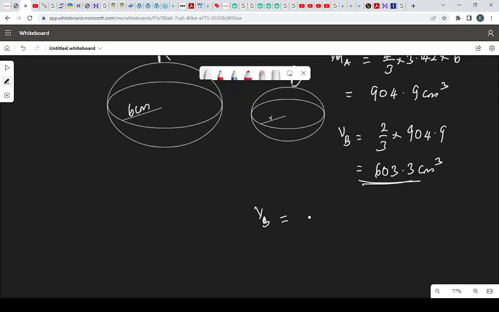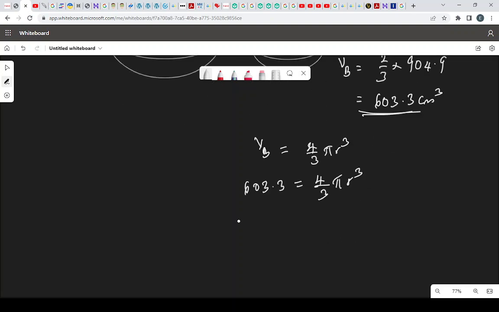Going back to the volume of a sphere, which is 4/3 pi r cubed, the volume of B, V_B, is 603.3, equal to 4/3 pi r cubed. That means 603.3 is equal to 4 times the value of pi, approximately 3.142, times r cubed, divided by 3.